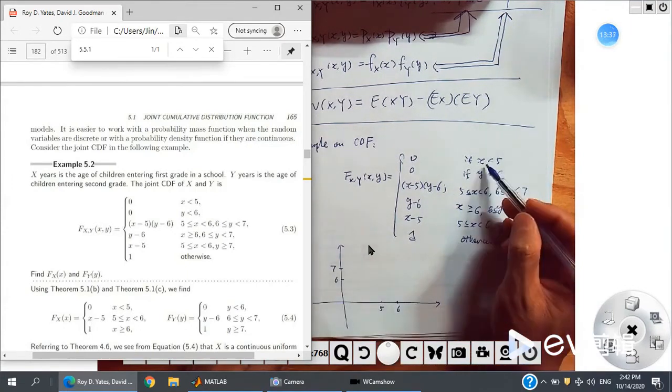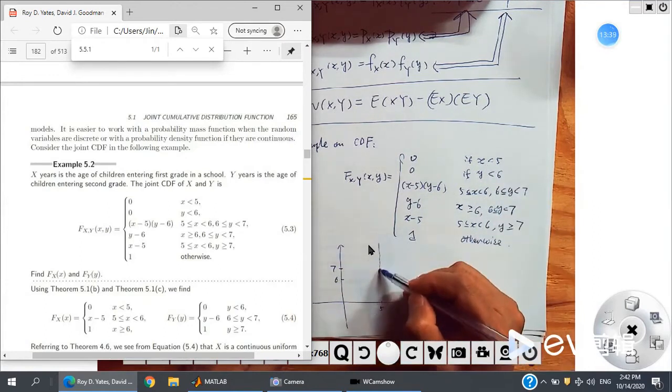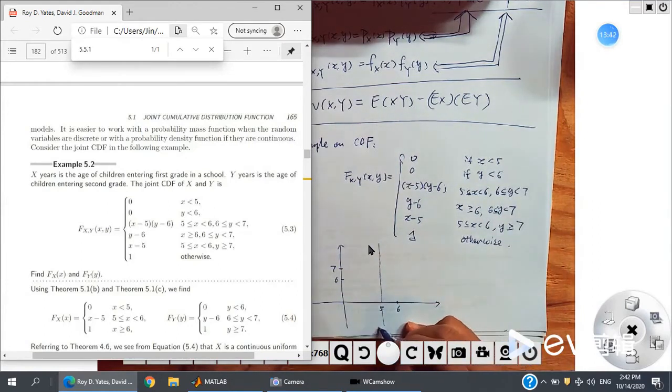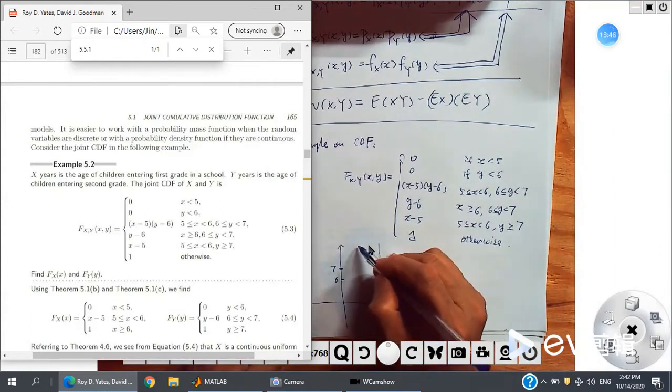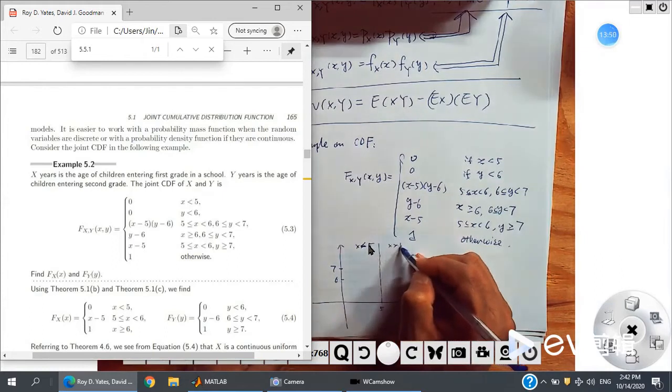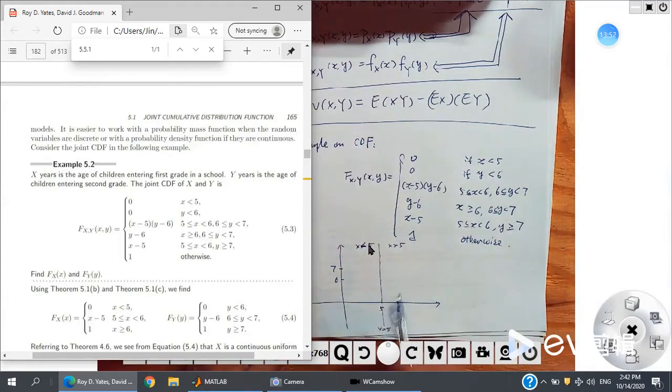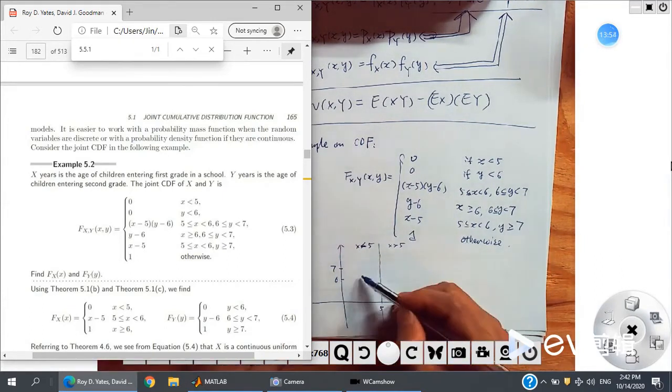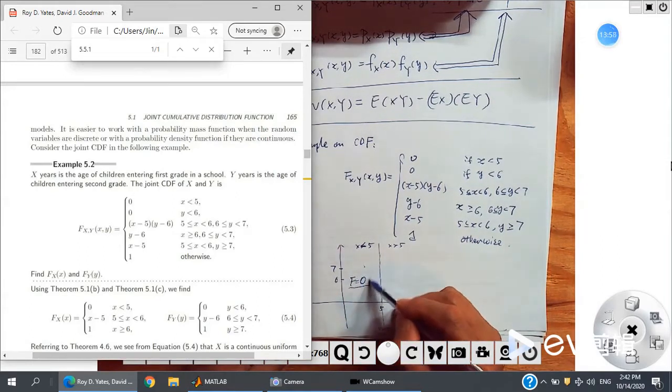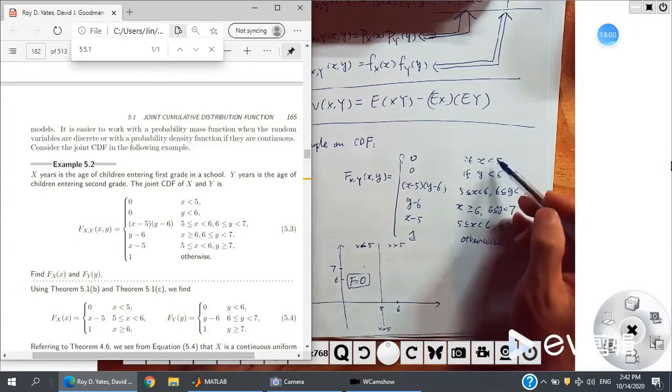When x is smaller than 5, this is x equal to 5, then you have both sides. This side will be x smaller than 5, and this side is x larger than 5. And we will have 0 here. So all this part, F is 0.